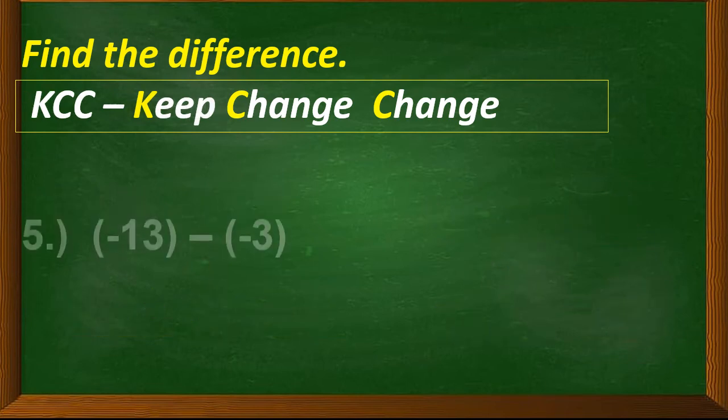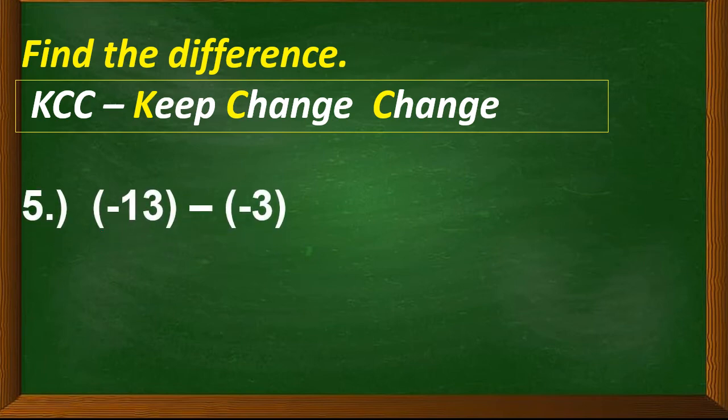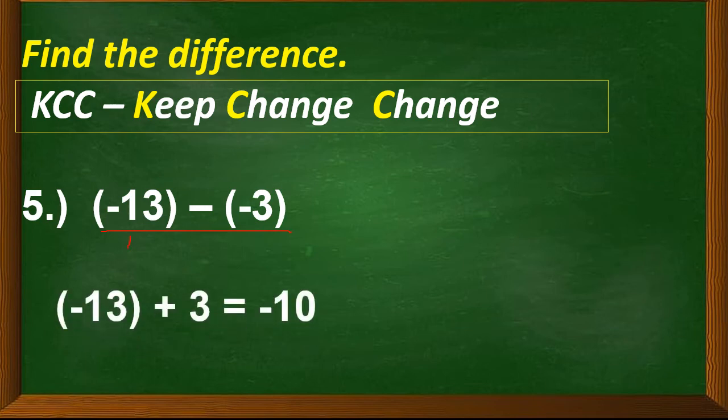Next example. Negative 13 minus negative 3. Copy the first integer, the minuend, negative 13. C, change the operation to addition. Another C, change the sign of the subtrahend.